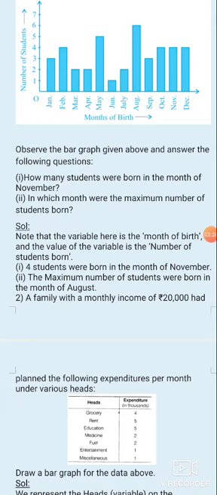We need to draw the bar graph for the data above. The heads are given and the corresponding expenditure also. So we can represent the heads on the x-axis, and the expenditure on the y-axis.